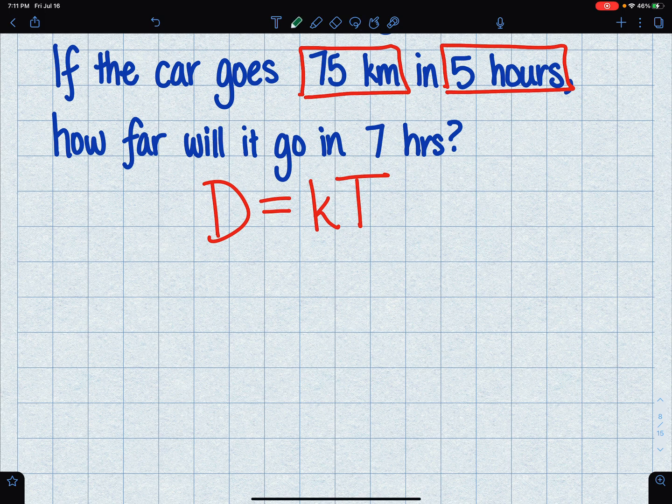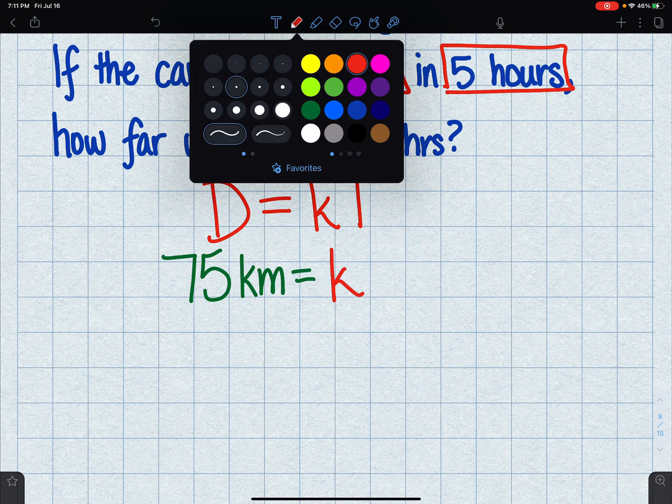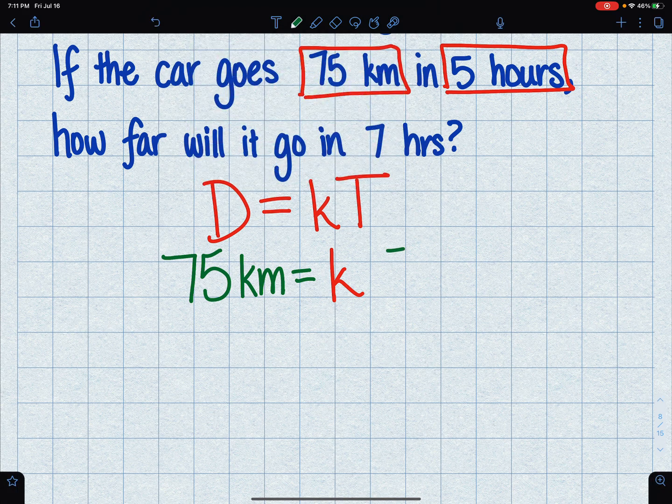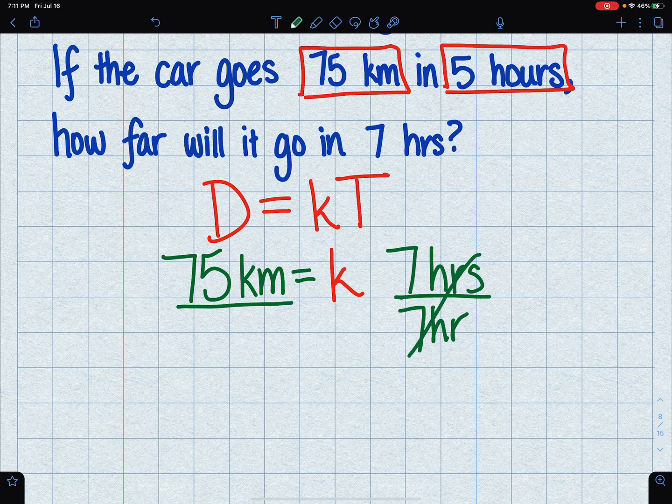Okay, distance is 75 kilometers equals K, this is what I'm trying to figure out, times the time, which is 5 hours. I divide both sides by 5 hours. That cancels out 5 hours.